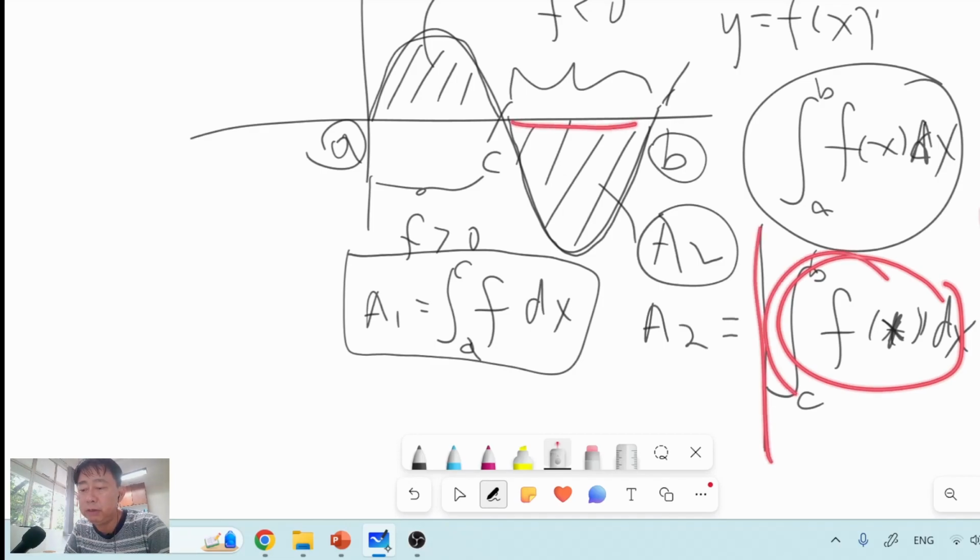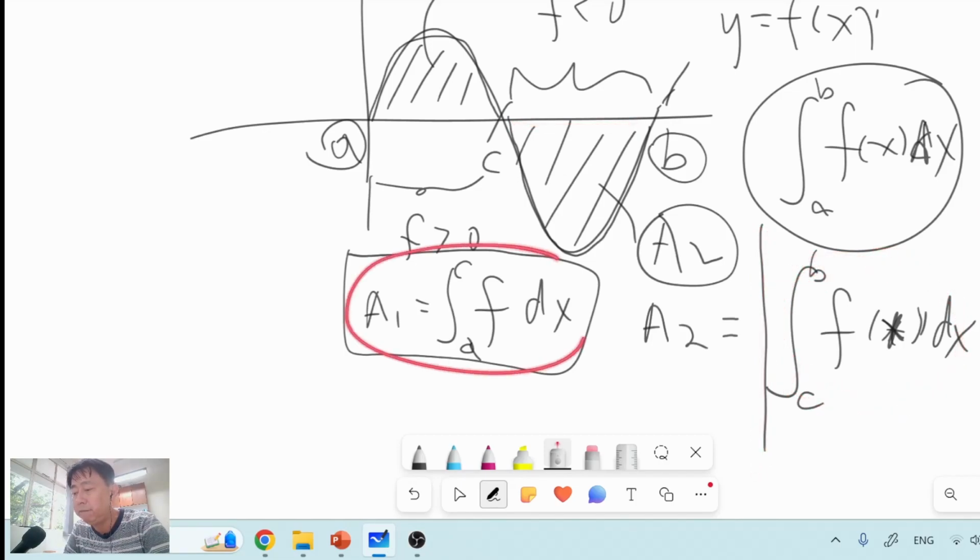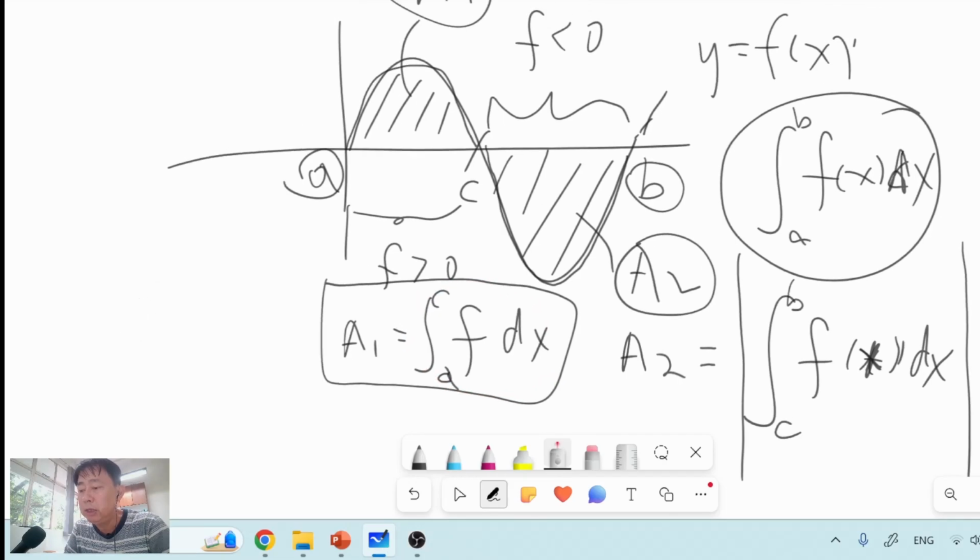When you finish integrating the function from C to B, you just take the absolute value. For the case of A1, there's no difference whether the integration is evaluated with an absolute sign or not, because it is always positive. The essential point here is that you have to reverse the sign of the definite integration for the function where it is negative, right?